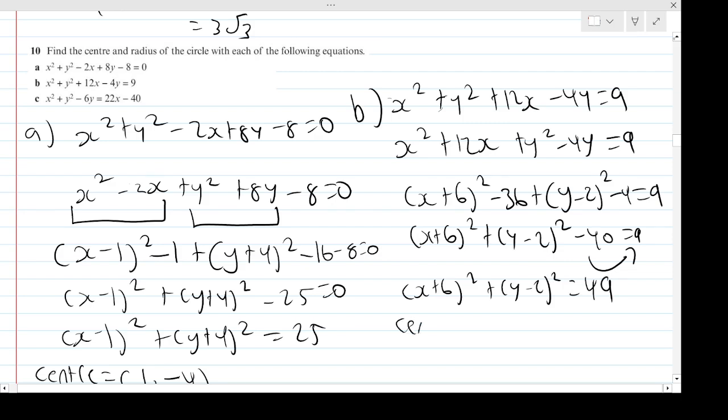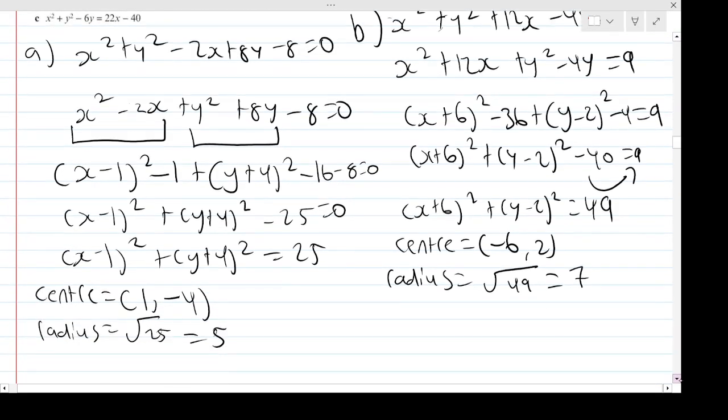Then we can read off the centre: it's minus 6 for x and plus 2 for y, because plus 6 goes to minus 6 and minus 2 goes to plus 2. And the radius squared is 49, so the radius is root 49, which is 7.